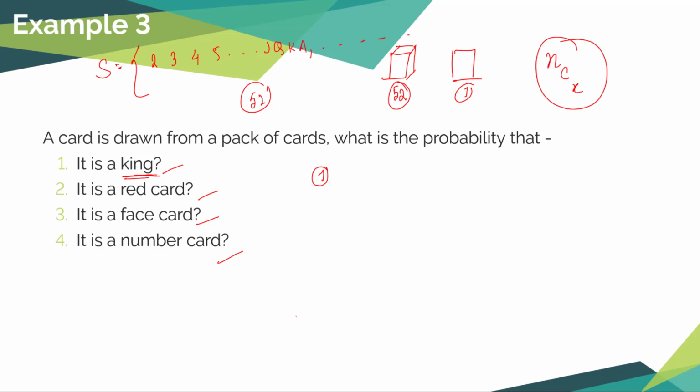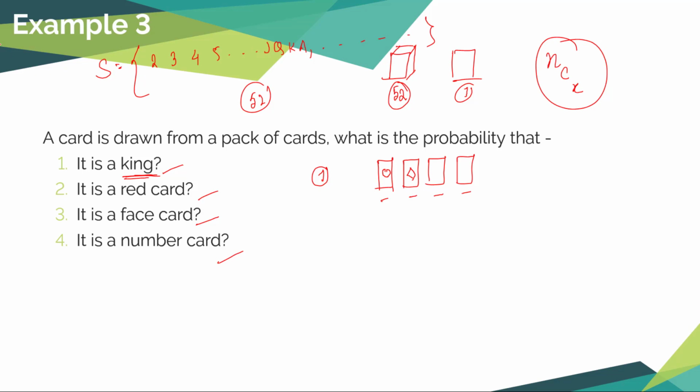So you have 52 such cards. That will be our sample space. Now what are the favorable cases if you want a king? There are 4 different kinds of cards containing king. One is of diamond, one is of heart, one is of spade, and one is of club.